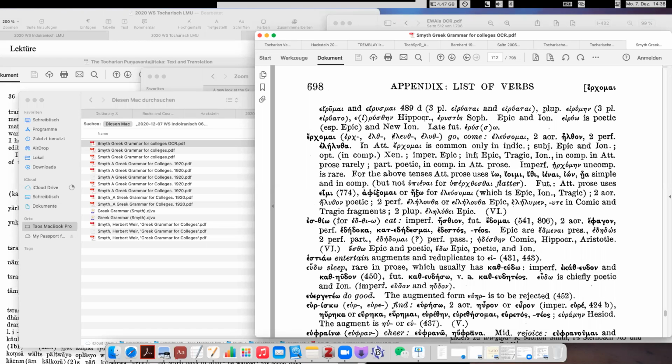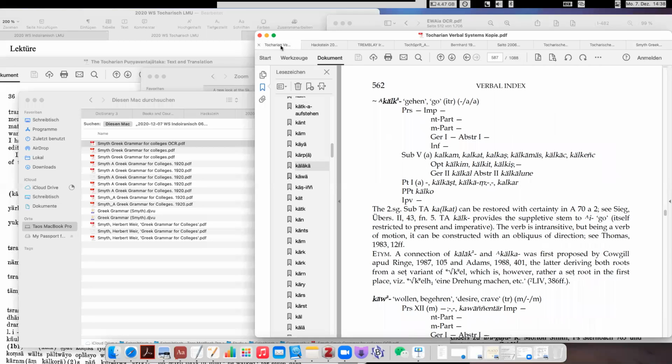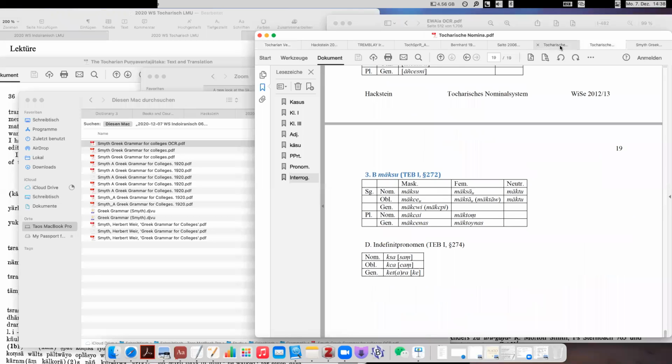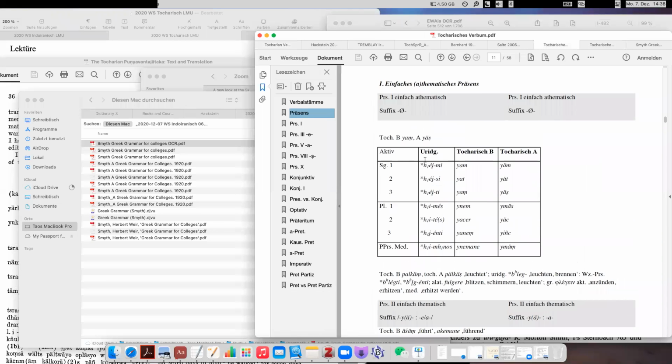So this is a widespread phenomenon in Indo-European languages that you have suppletion for verbs meaning go. And then this is the verb go in Proto-Indo-European.